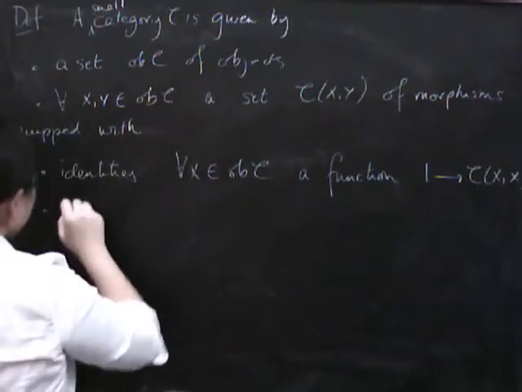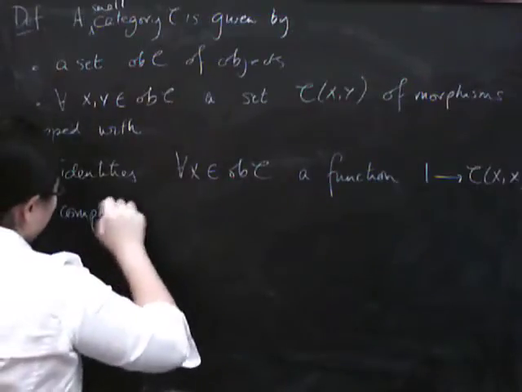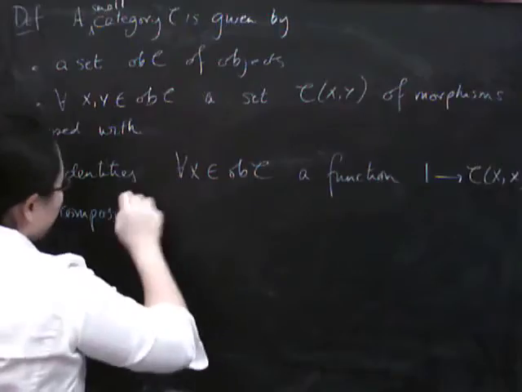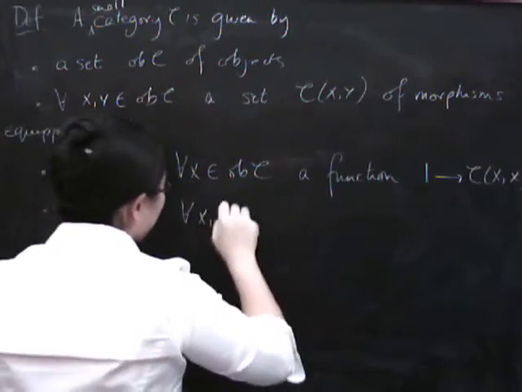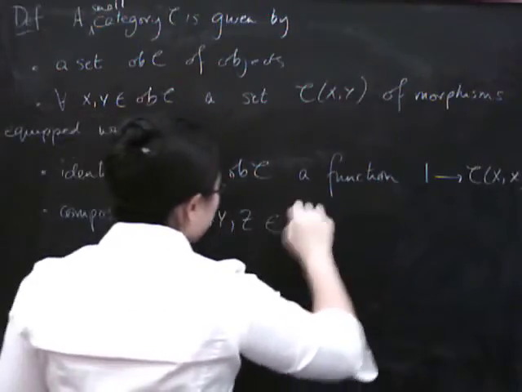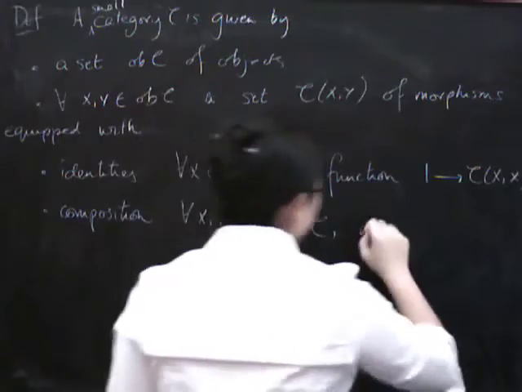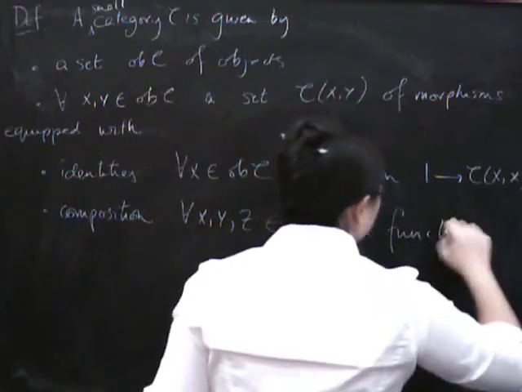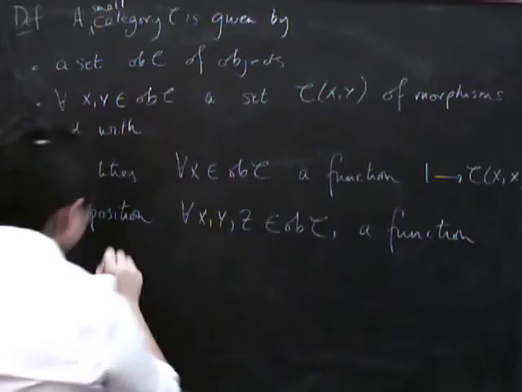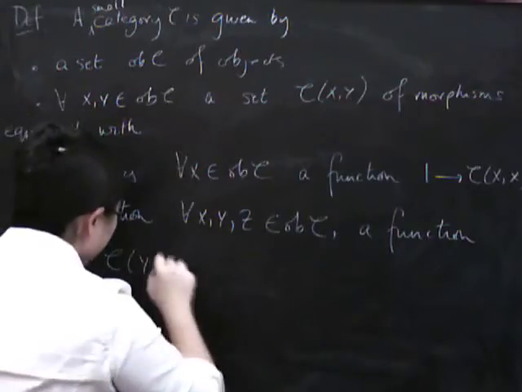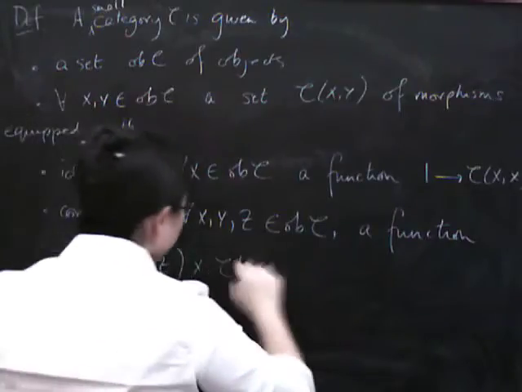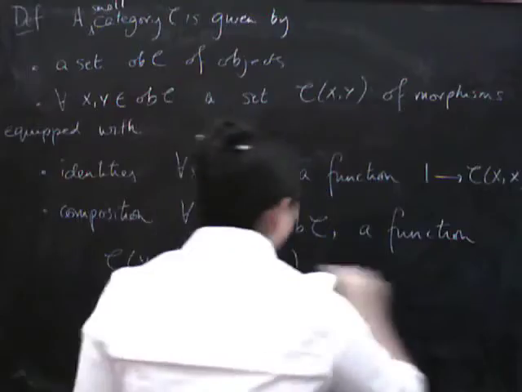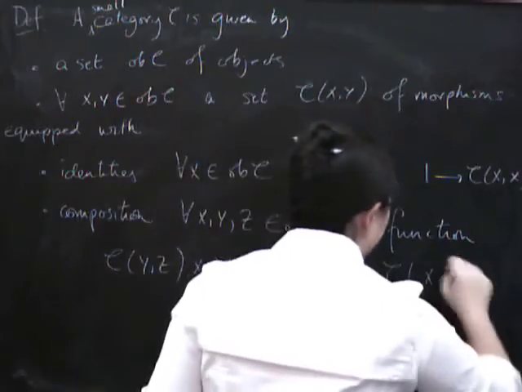We also have composition, which says for all x, y, and z in the objects of C, a composition function. Now, what does this look like? Well, it takes morphisms from y to z together with morphisms from x to y and sends them to morphisms from x to z.